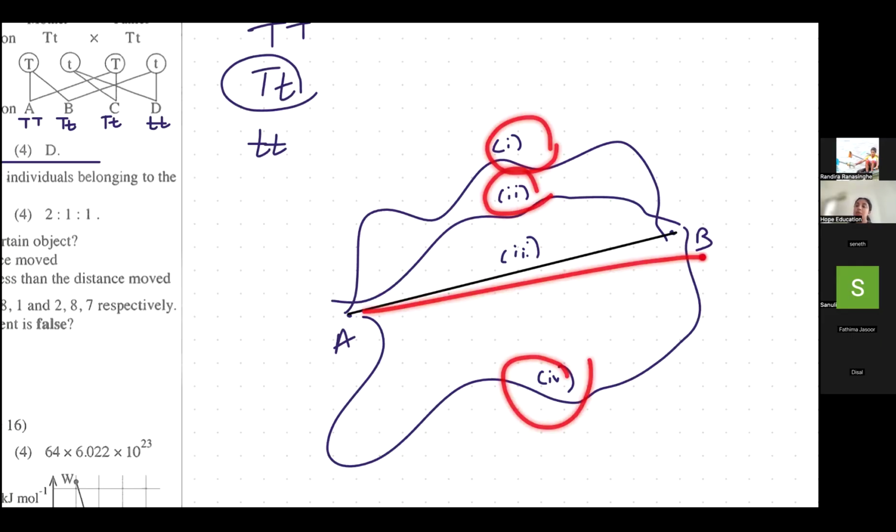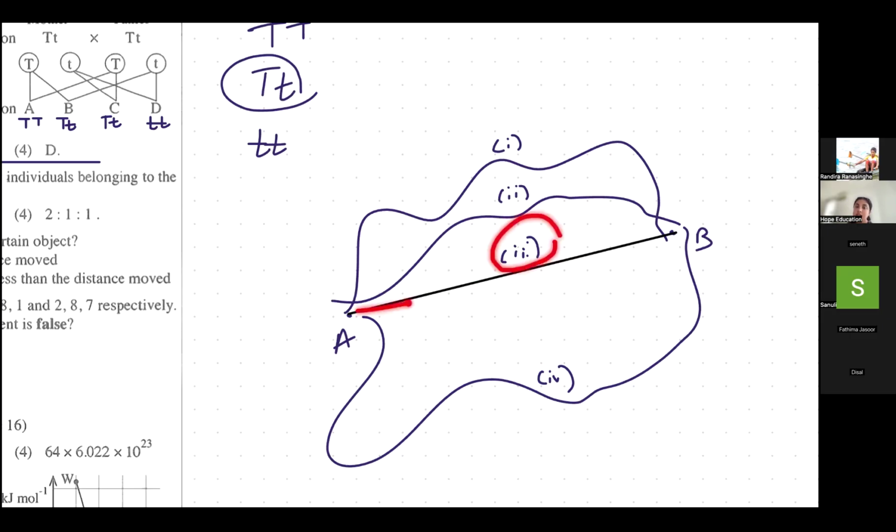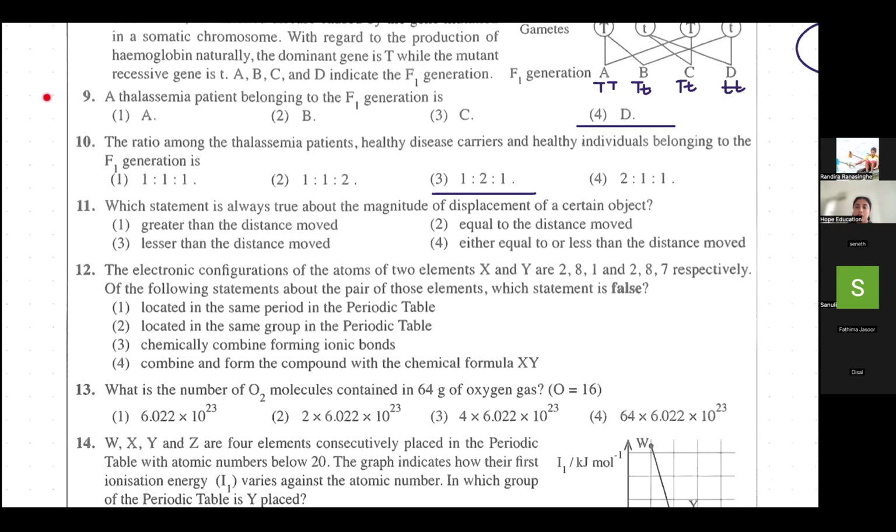Or distance can be equal to the displacement. If you take the third path, this is a distance, this is also the displacement. So displacement is always either equal to or less than the distance moved.